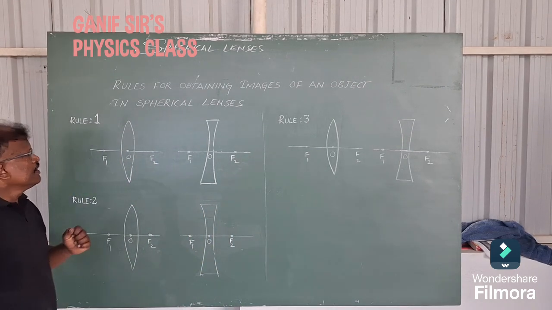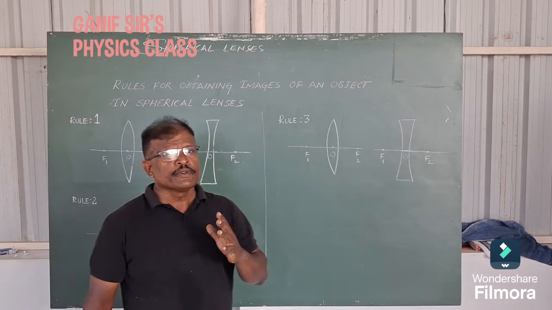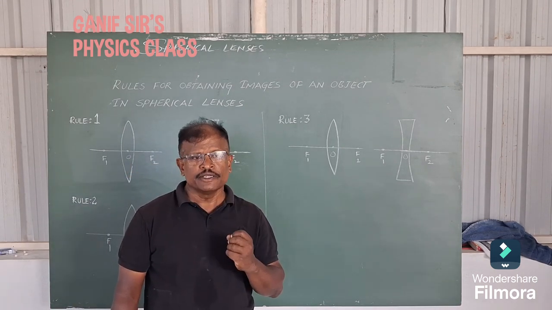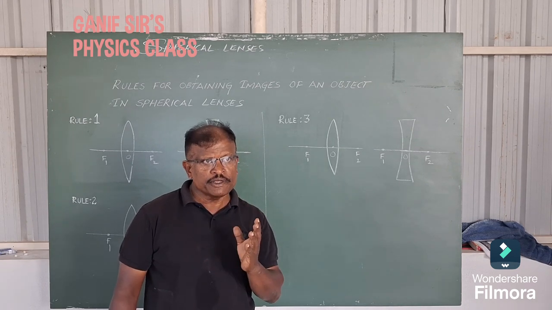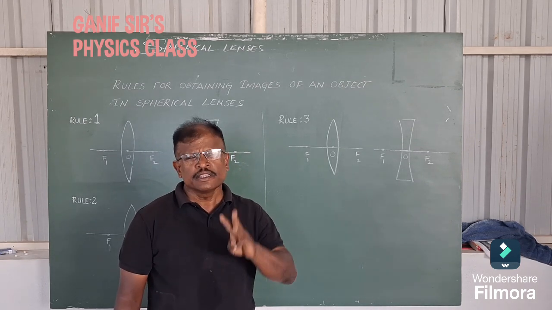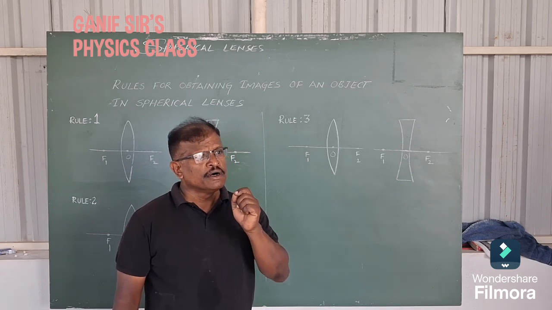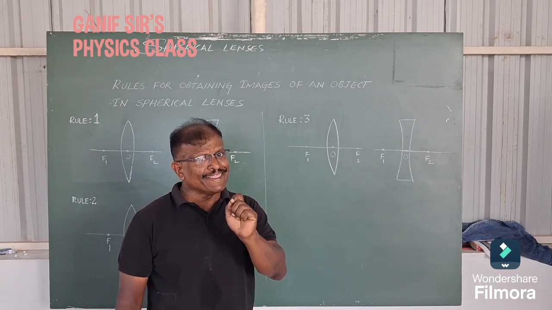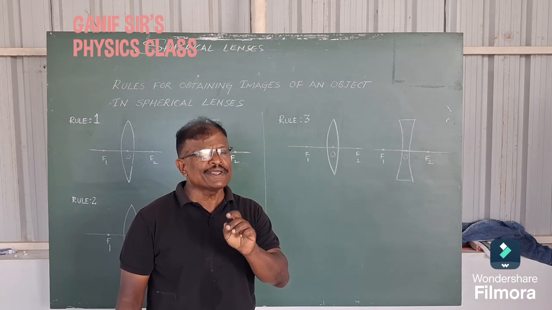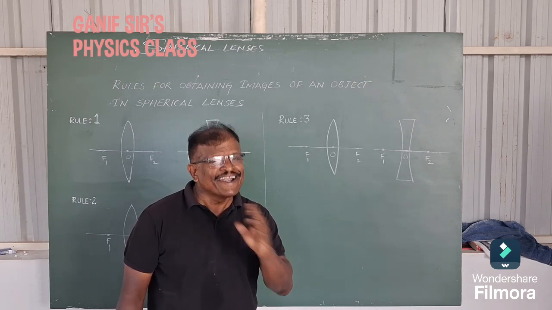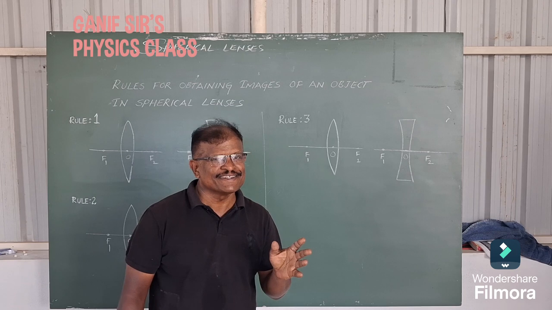Now, in order to obtain images from an object using convex or concave lenses, three rules should be followed. If you get thorough with these three rules, you can easily draw any type of ray diagrams using spherical lenses.